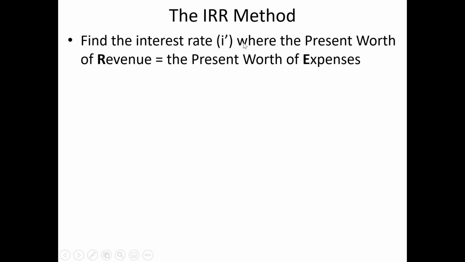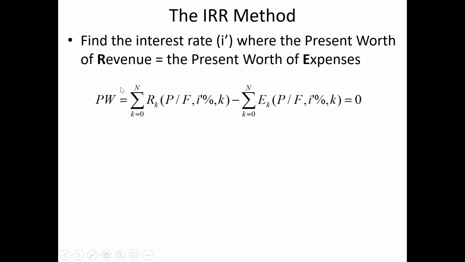Looking at it another way, the equation for solving for the interest rate is you want the present worth to be equal to 0. This is how your book puts it. Your textbook says the internal rate of return is the interest rate that makes the sum of the revenues minus the sum of the expenses equal to 0 when you have discounted all of the revenues and all of the expenses to the present.